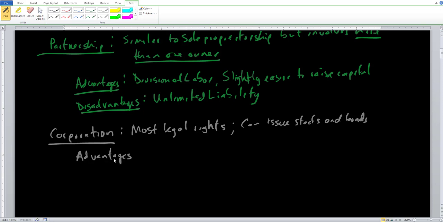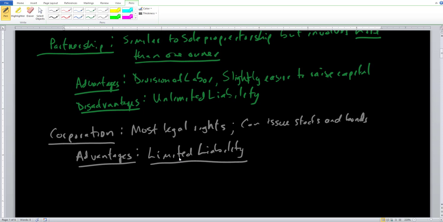So advantages. The major advantage is going to be, of course, limited liability. This contrasts with unlimited liability, in that limited liability says that you are only going to be liable for how much you put into this particular business.